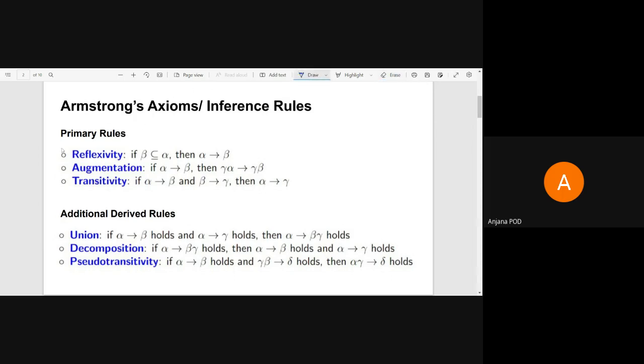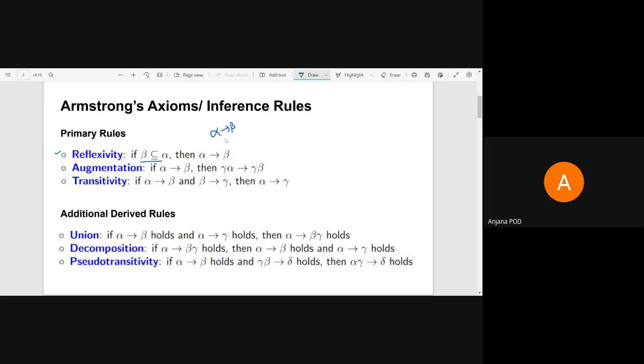The first rule is the reflexivity rule, which states that when the right hand side is a subset of the left hand side, here if you can see, when beta is a subset of alpha, then we can say that alpha determines beta.